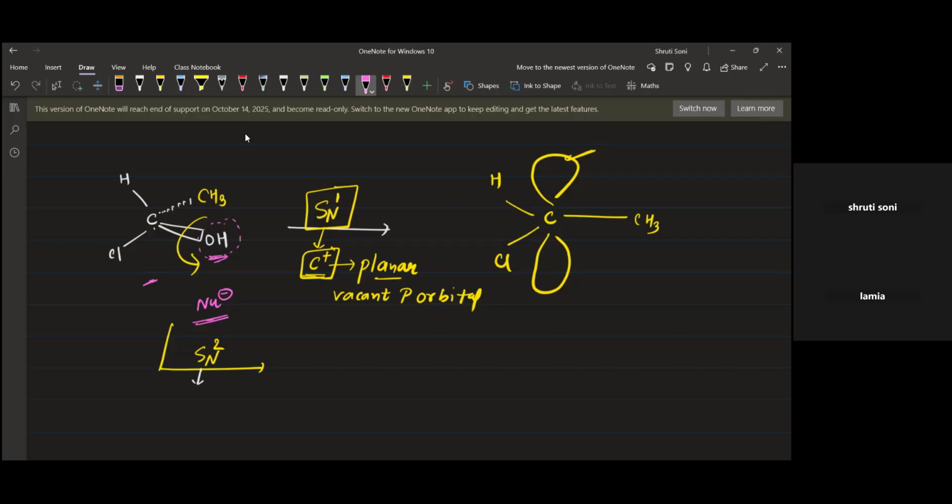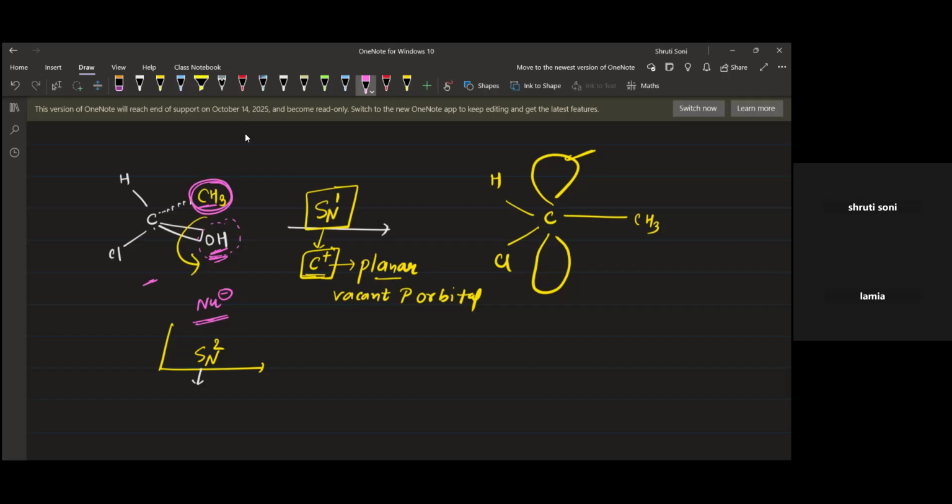And in this organic compound, which element is in the completely opposite direction from the OH? I think it would be CH3, right? Yes, it is CH3. Okay, good. So which element will be replaced in this case? CH3.